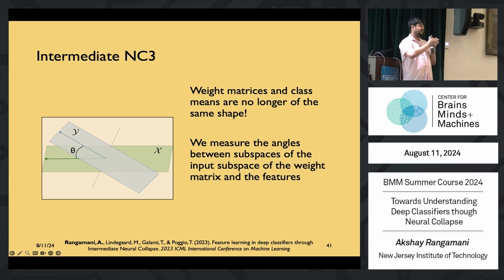You collect the mean feature vectors into a matrix, and you measure the angle between the subspace in which those means lie and the input subspace of the weight matrix.